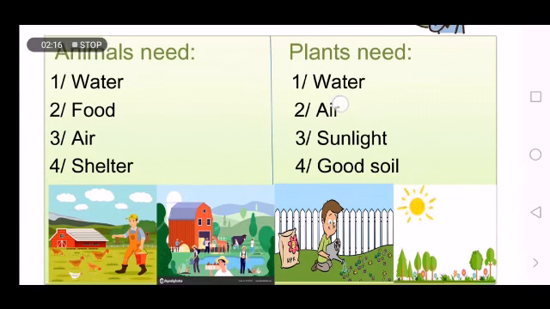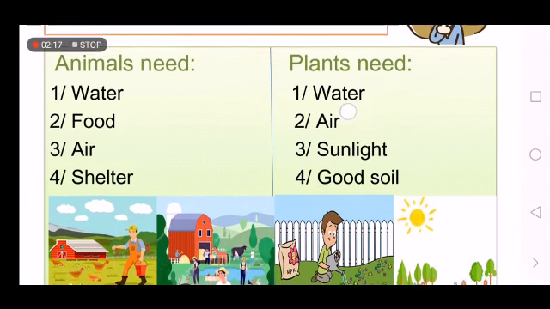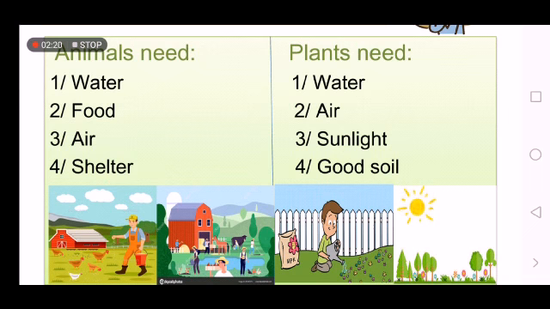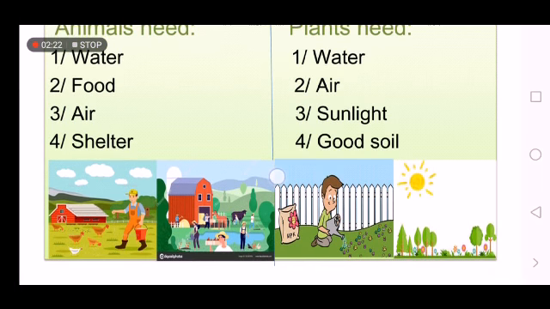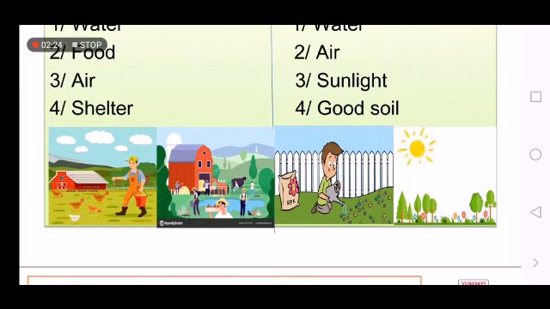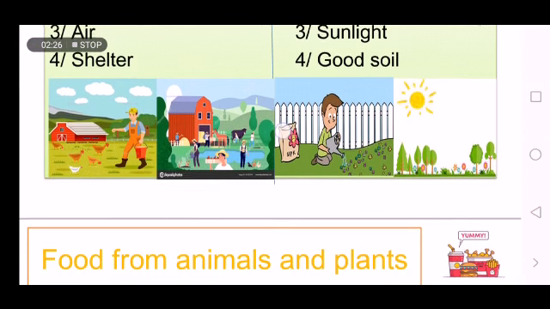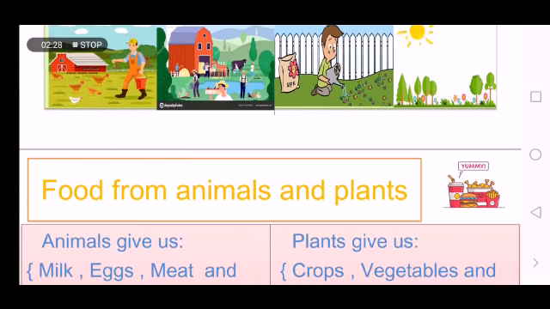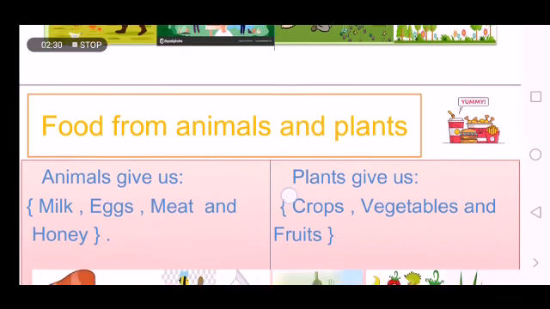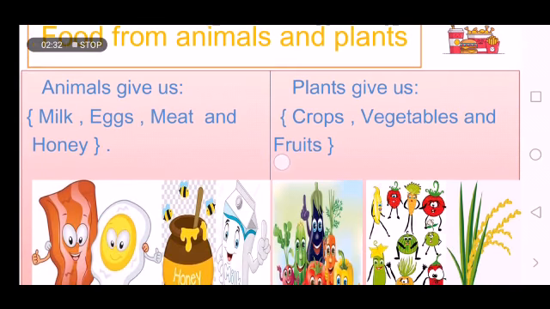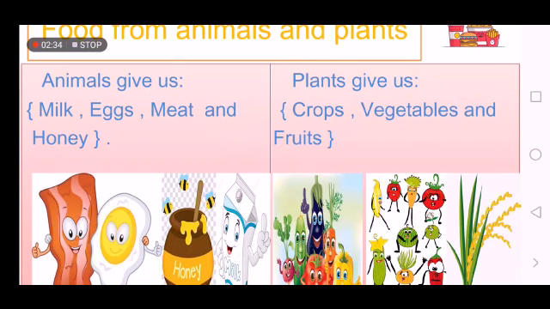So now we'll know the relationship between farm and food. As human beings, we need food to eat, and we get this food from farms. How? As a farm is a place for animals and plants, we take some things from animals to eat and other things from plants to eat.